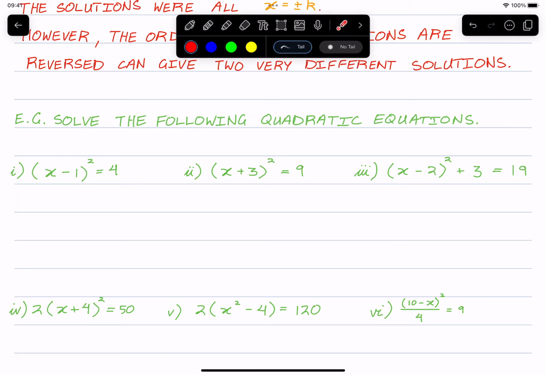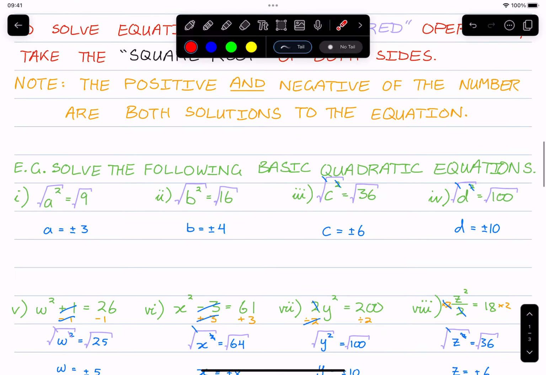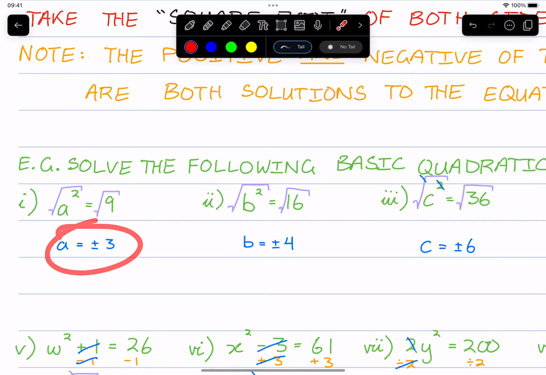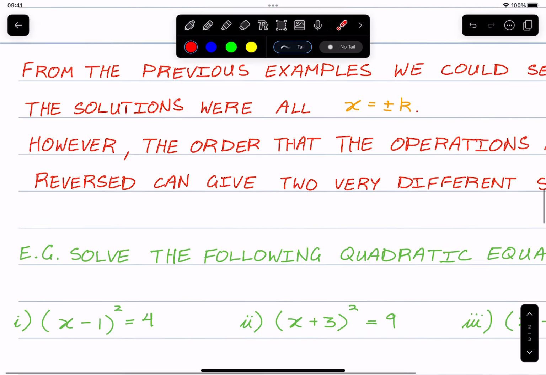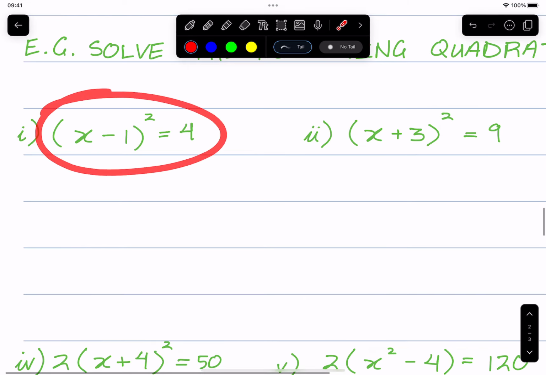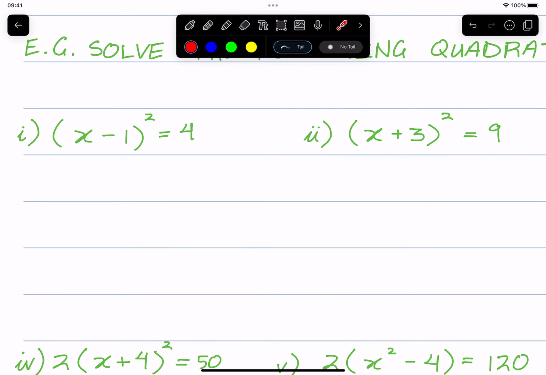Okay, so notice how in the previous example, the square was already by itself. So we could take the square root of both sides and it would give us the answer straight away. However, if we take a look at this, the first instinct that a lot of people have is to expand this bracket. But if you take a look, the square is already by itself.